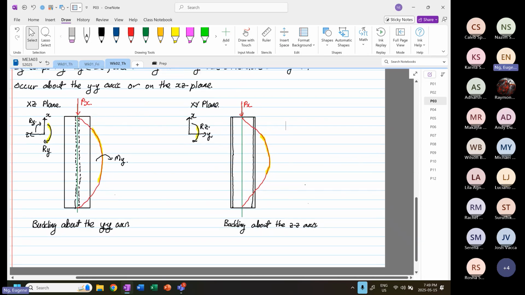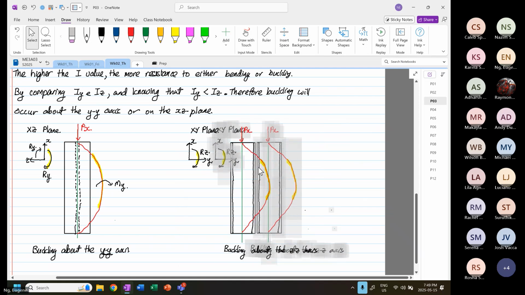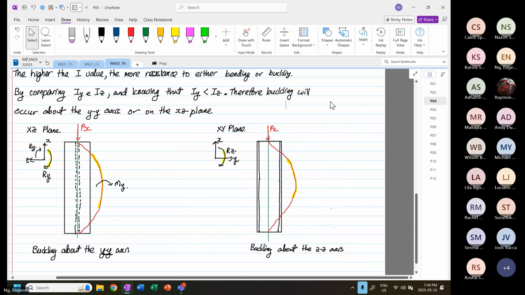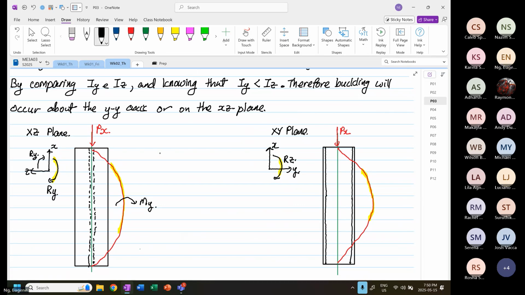We are going to calculate a few values. First, PCR about the XZ plane, which is equal to pi squared E multiplied by IYY over LE squared.